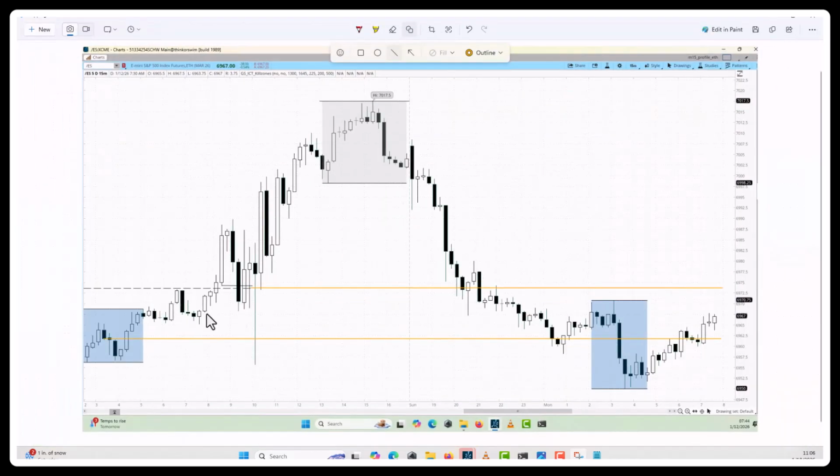The level right there we have a break to the downside. Here, it's close to that level on the 9:30 on the Friday. So it's break 1, break 2, break 3.